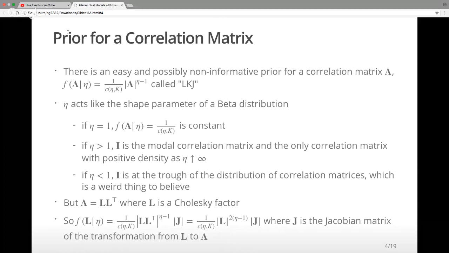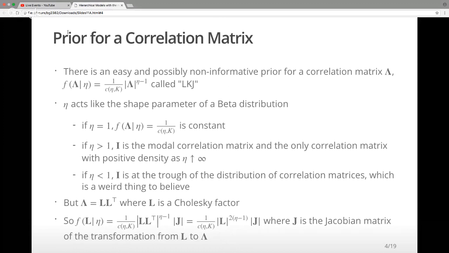But insofar as you are inclined to specify a somewhat more informative prior about the correlation matrix, and often it is entirely reasonable to think that the correlations among these things are not too big, then insofar as you want to operationalize too big, you can make eta be greater than 1. You'll see people use like 4 and stuff like that. There's actually examples in the Stan manual.